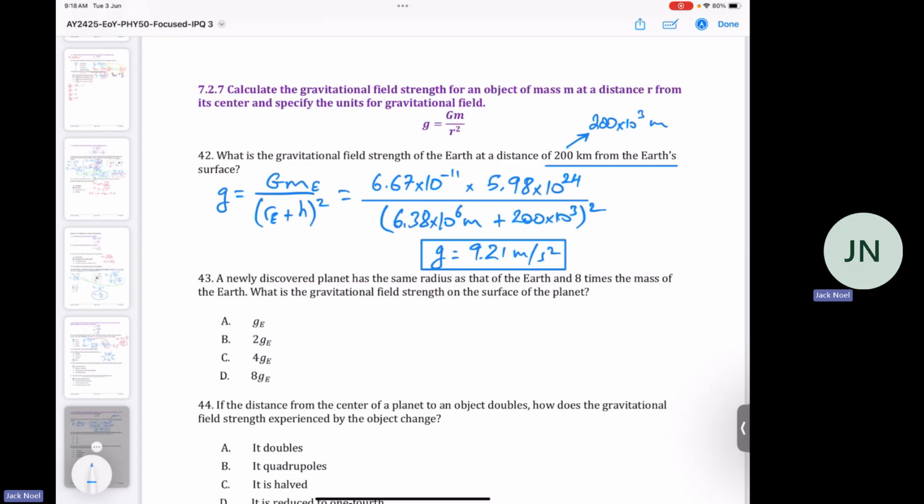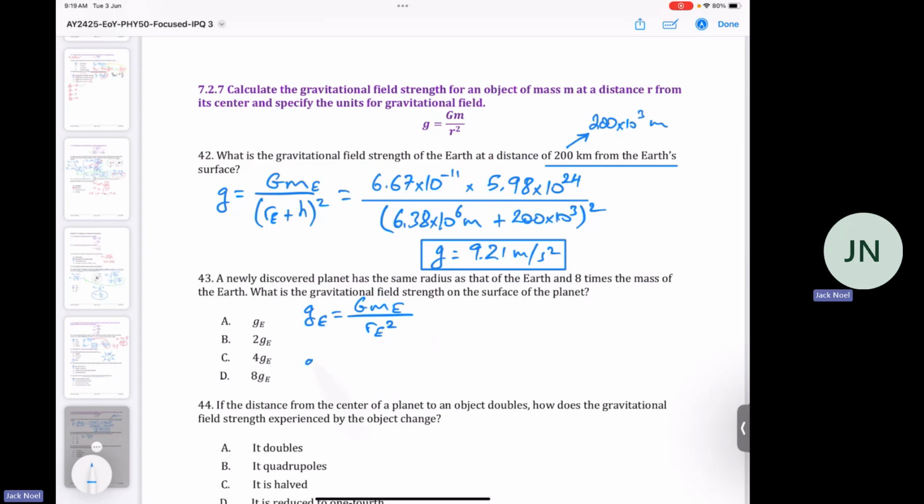Okay, then number 43. A newly discovered planet has the same radius as that of the Earth and 8 times the mass of the Earth. How much is the gravitational field strength on the surface of that planet? So, first of all, gravitational field strength on Earth is GME over RE squared.